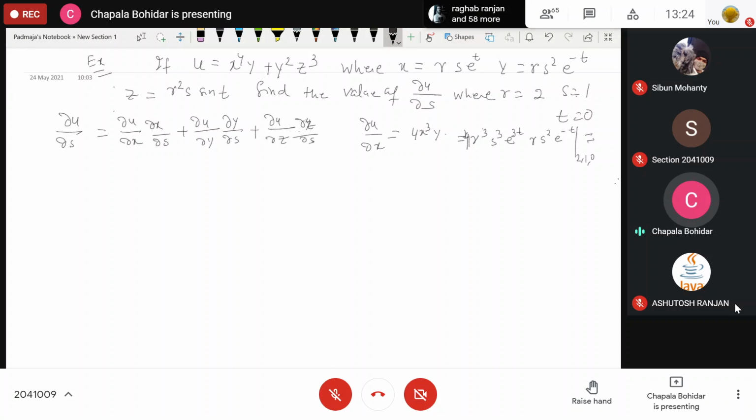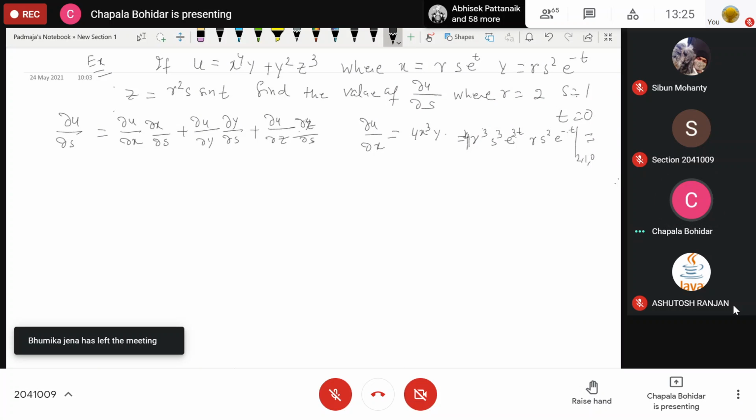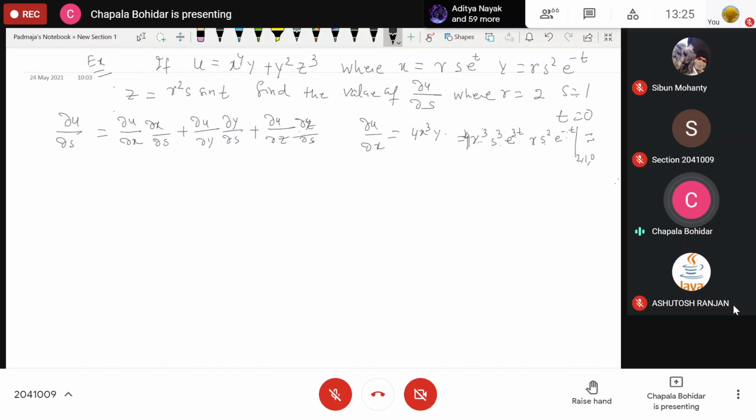T is equal to 0, I am getting 2 and 1. 8, 8 into 2, 16. So we get here 4 into 8 into 2.